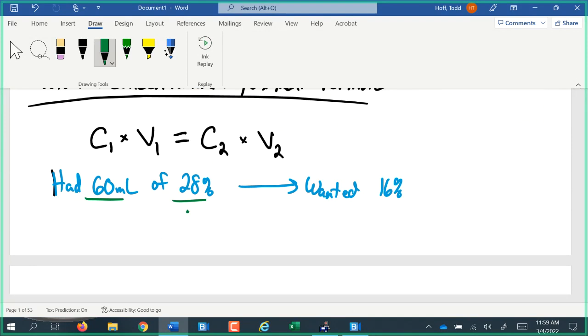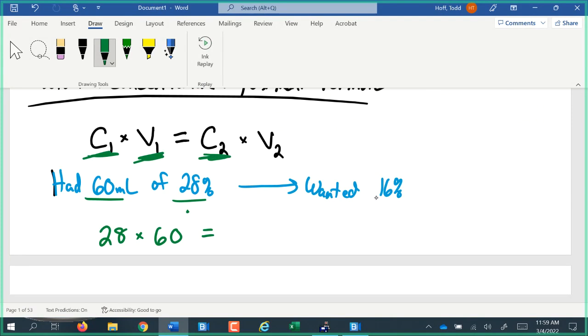Now, one of the nice things about this formula is we don't have to put our percent into a rate or a decimal anymore. We can leave it as simply 28% if we want to. The 28% times 60, that is our starting concentration and starting volume, equals, now obviously there's going to be one value we don't know, so that'll have to be on the other side here.